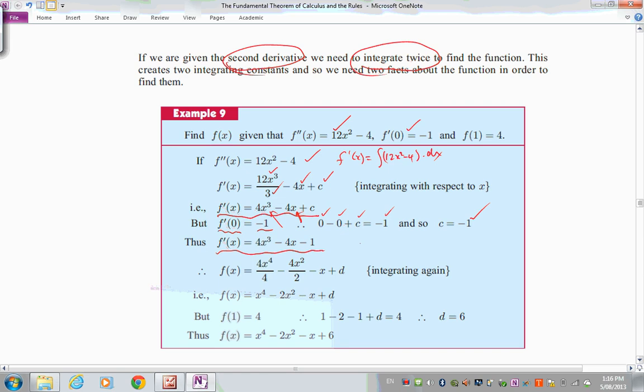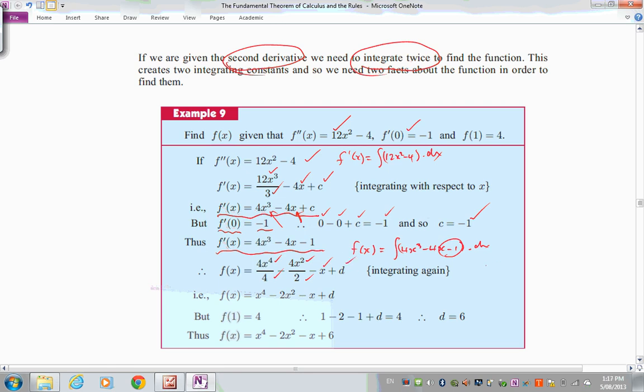Now we want to integrate that, so I'd like to have a working step in here. f of x is the integral of 4x cubed, take 4x, take 1 with respect to x. So do it, increase power by 1 divided by new power for all these. -1, what would produce that on differentiation? -1x plus d.